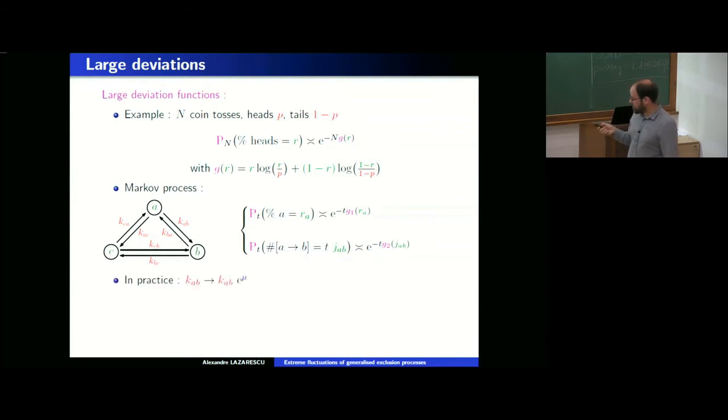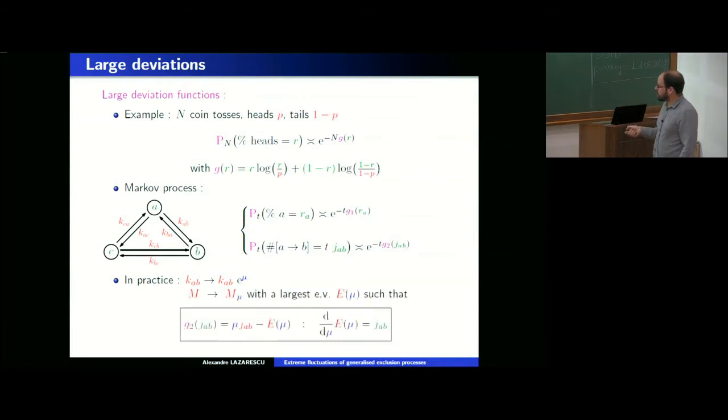In practice, the way that I will access those large deviation functions is by taking the rate that I want to monitor, the jump that I want to monitor, and adding a counting field to that rate, only to the non-diagonal part of the rate matrix, and I can generate moments of the current that I'm looking at using this.